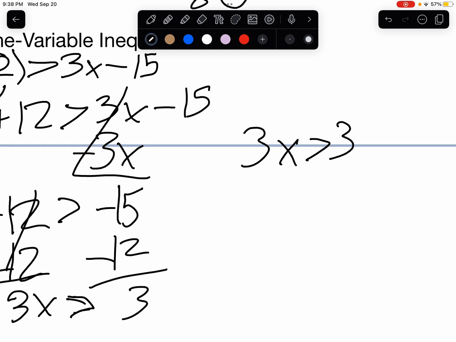I know I did this wrong on my example, so I'm going to fix it. It is not 3. It is actually 37. Then you divide by 3.